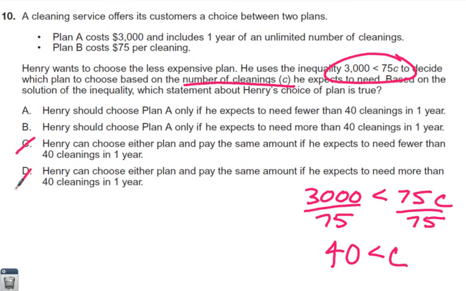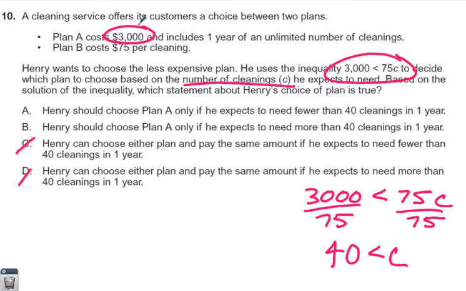So let's make sure we're picking the correct one, A or B. Henry should choose Plan A. So this is Plan A, right? Only if he expects to need fewer than 40 cleanings.